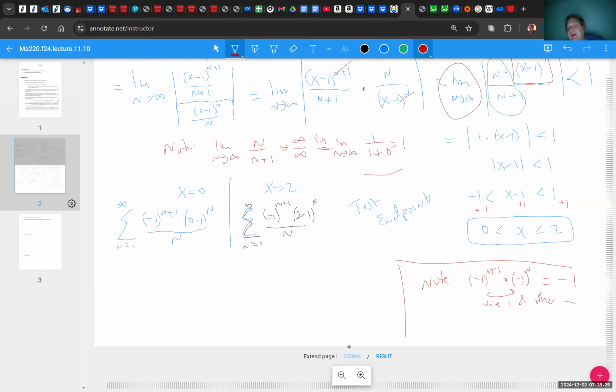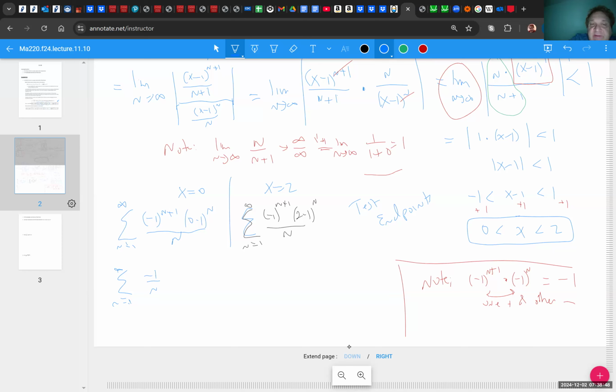One of them is to an even power, one's to an odd power, so they switch back and forth. And when I multiply a positive 1 times a negative 1, I get a negative 1. So the one on the left-hand side will be just negative 1 over n.